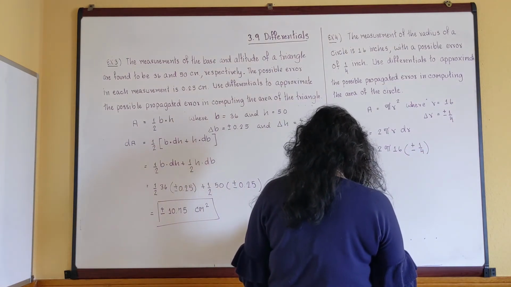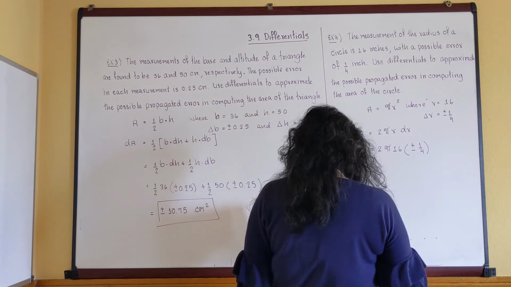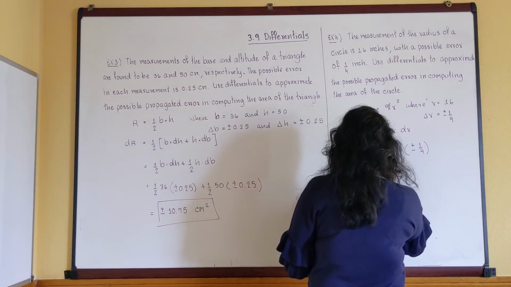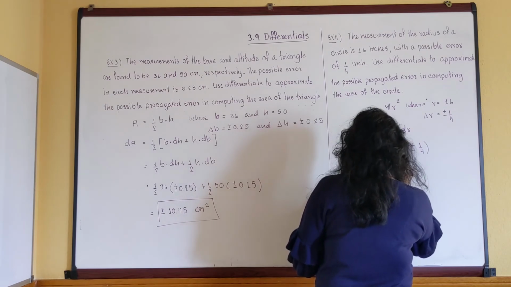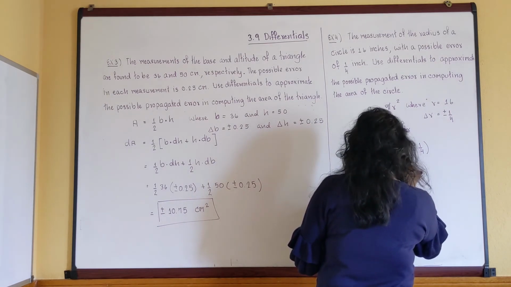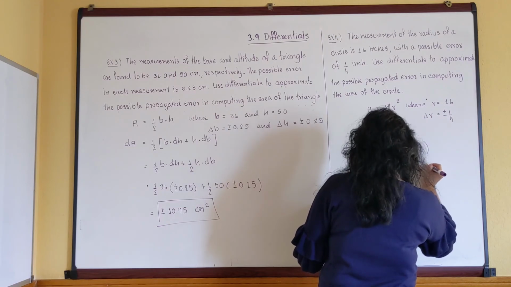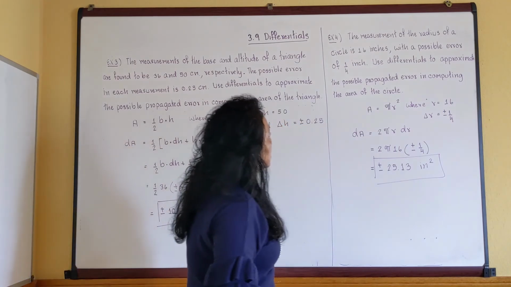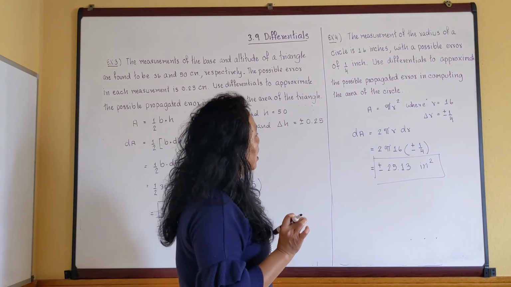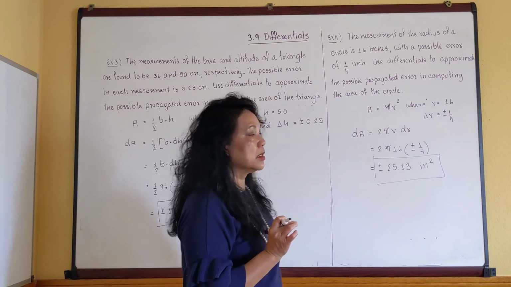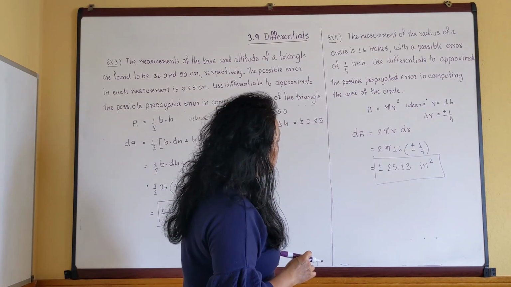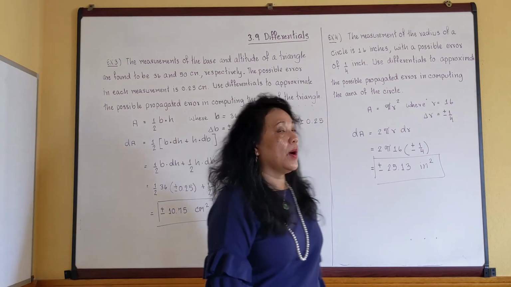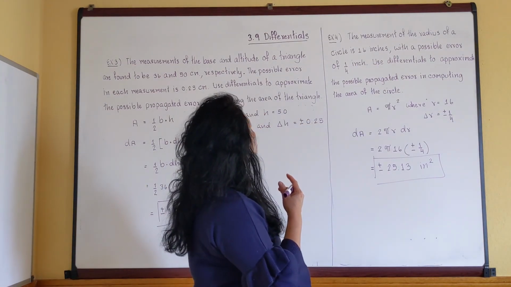And I calculate this and I get plus or minus 25.13 square inches. So basically, if you miscalculate the radius by 1/4 inch, the area could be off by 25.13 square inches.